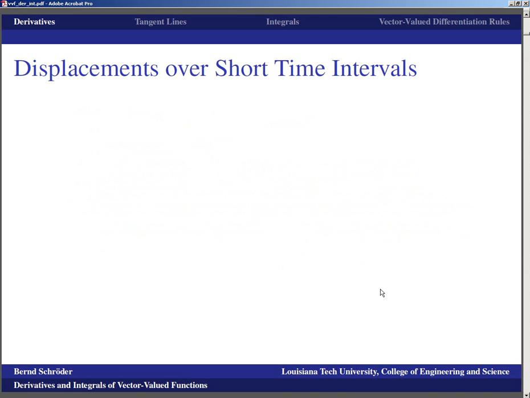Okay, so in order to define derivatives, we need to talk again about displacements over short time intervals. So let's look at a path in space, and this could be something that even sits in 3 dimensions, and here's the origin. Now if I want to find the instantaneous velocity at this point, what was the idea in single variable calculus?